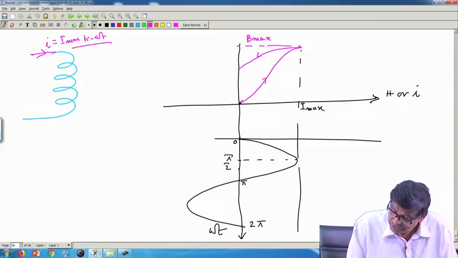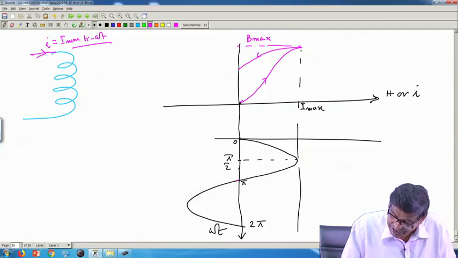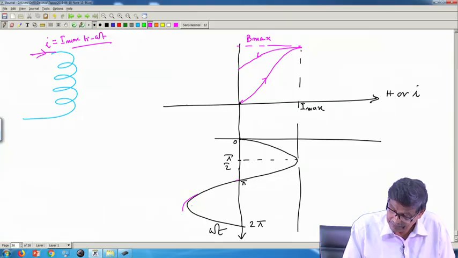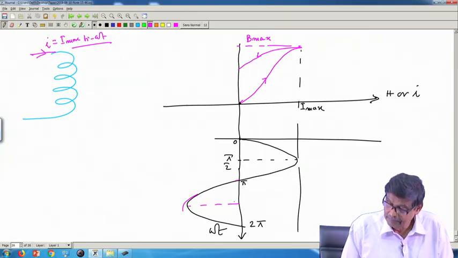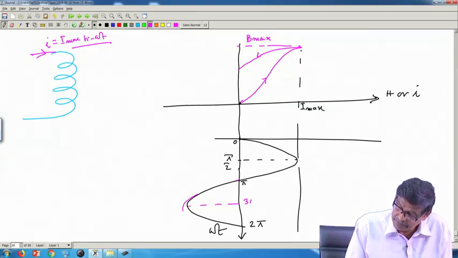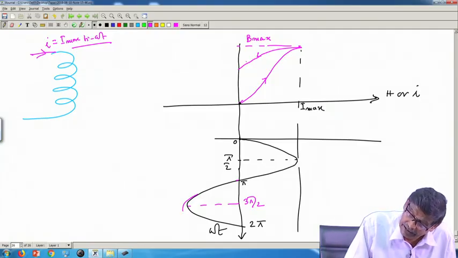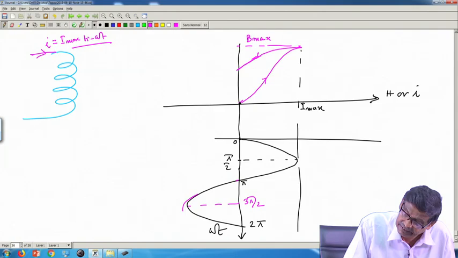then it reached B max corresponding to I max, and suppose I do not stop here, I allow the current to flow in the opposite direction, then pi to 2 pi, what is happening here, pi, and this is 3 pi by 2, is it not. So, if you do that, you will see it will be like this.